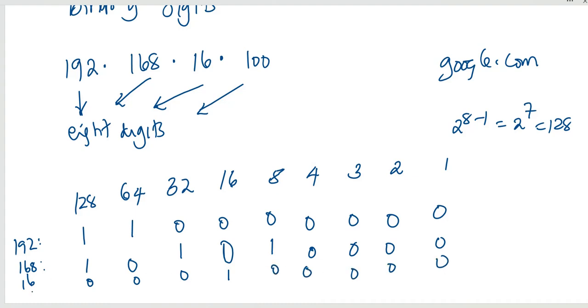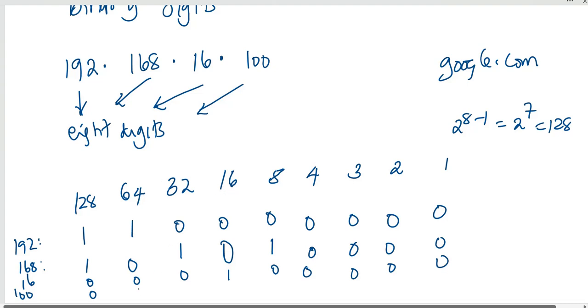What about 100? If I go to this, I find 100 is less than 128, so 128 cannot be used to express 100, so I will say that is 0. But when I go to 64, I find it is less than 100, meaning I can get 64 and pick from the remaining figures, add them to 64 and get 100.